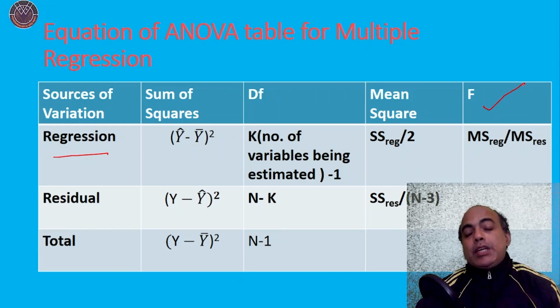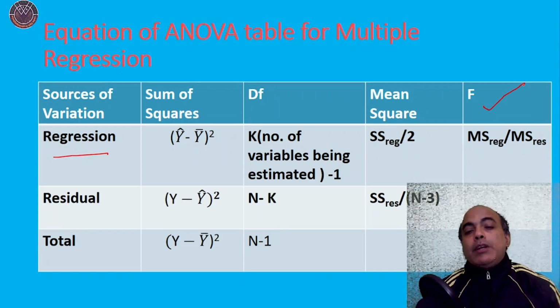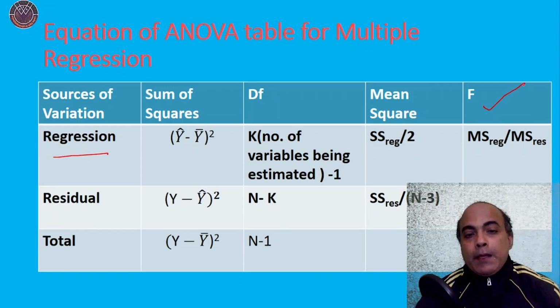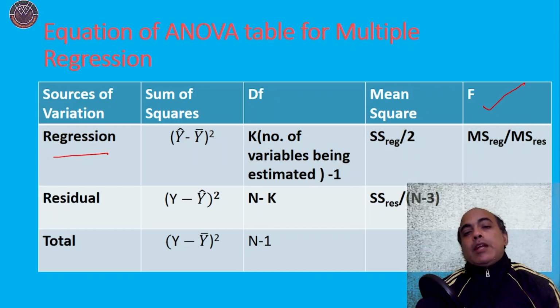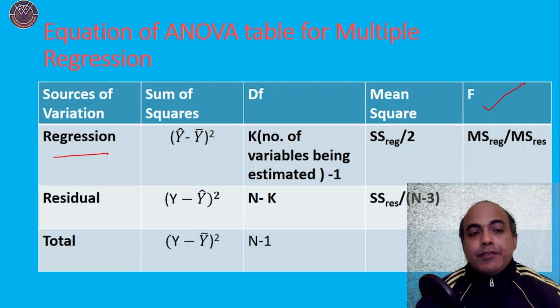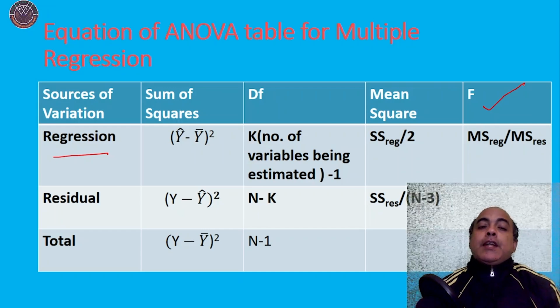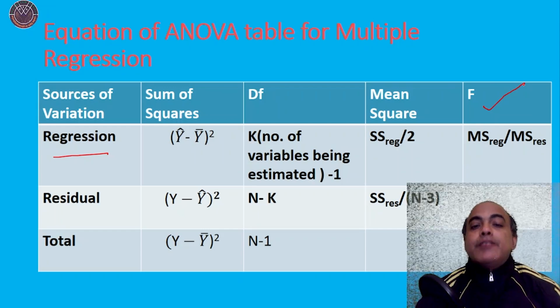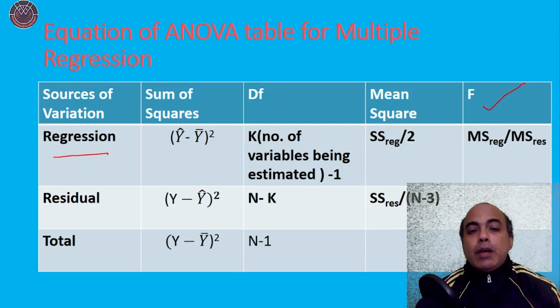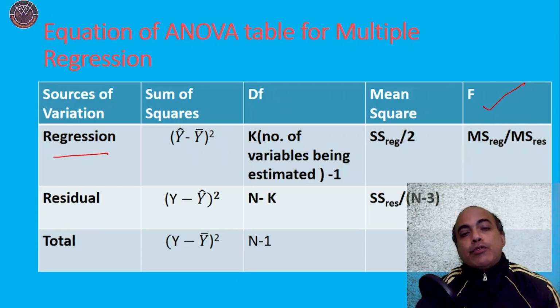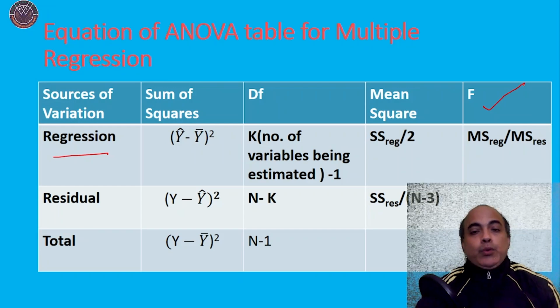So k is 3, minus 1, that is 2. Sometimes we can also say that the degrees of freedom for regression is the number of independent variables involved. In this case we have two independent variables, so the degrees of freedom is 2.